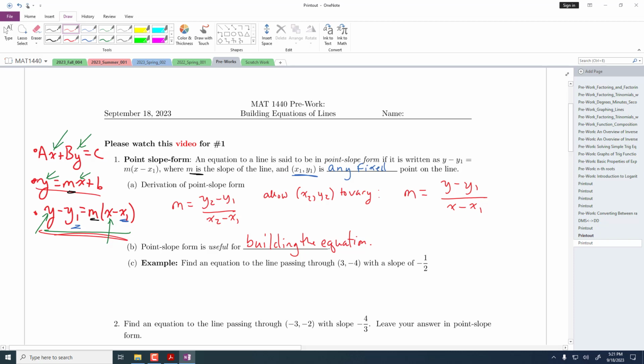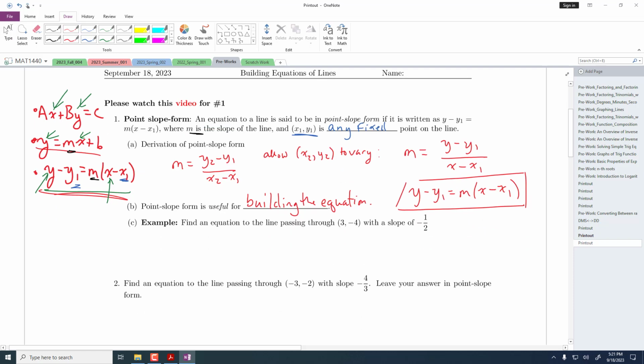What I can now do is multiply that denominator over to the other side. So if I were to multiply that over to the other side, we would end up with y minus y1 is equal to m times x minus x1. And this is that keeper point-slope form of the line that I need you to know.